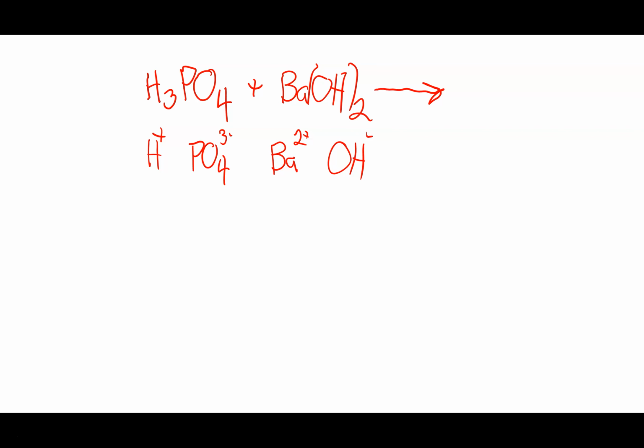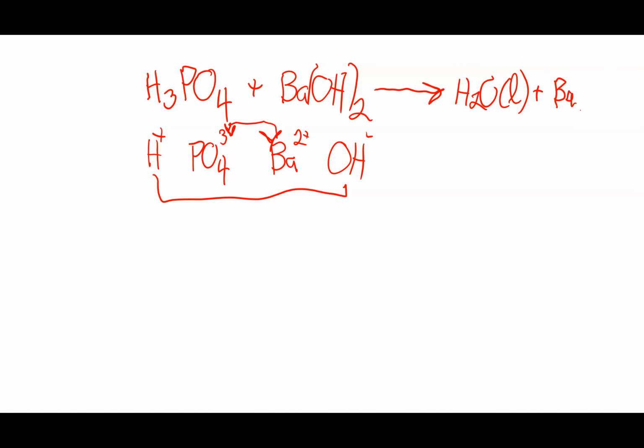So what we need to do is assemble our new product molecules. Well, hydrogen's going to pair up with hydroxide, and that's going to make HOH, or H2O, which we know is a liquid. And then we're going to pair up the barium and the phosphate to make barium phosphate.